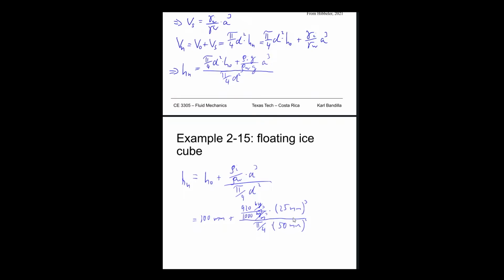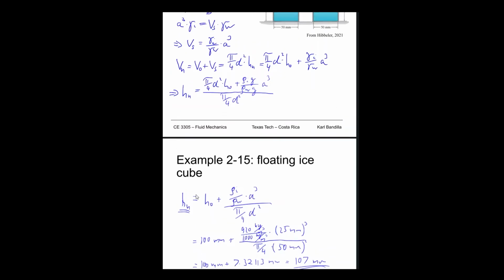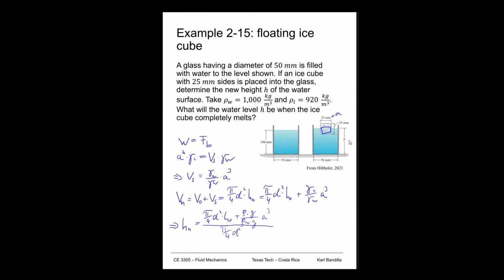We don't need to switch away from millimeters because we want the result to be in millimeters. So that will be equal to 100 millimeters plus what we have there, which is 7.32113 millimeters. So in total, we have a new depth of 107 millimeters. That would be the new depth that was asked for, which is called H here.